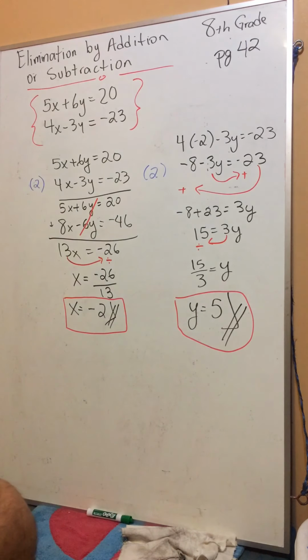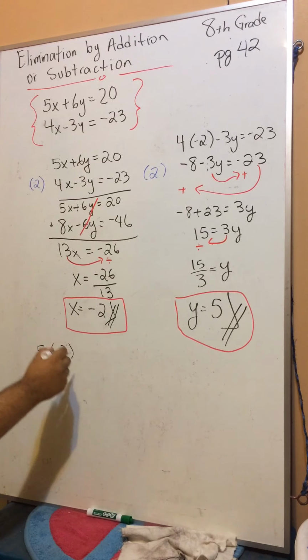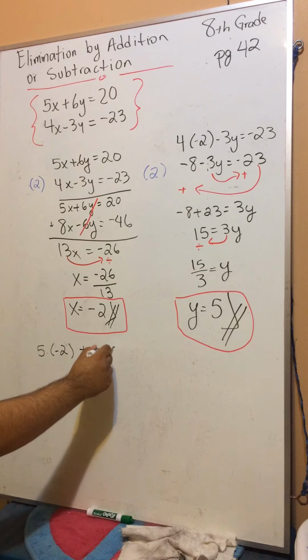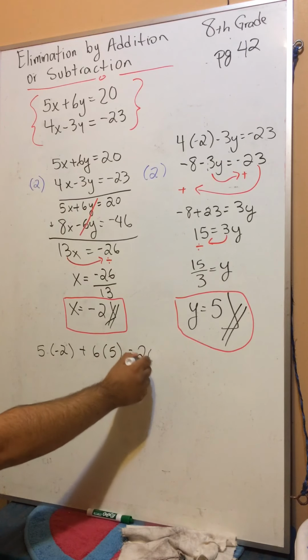Now how do we prove that this is correct? We take the values and we can substitute in the original equations. Let's check it. So we have 5x. What is the value of x? Minus 2. Plus 6y. What is the value of y? 5, is equal to 20.